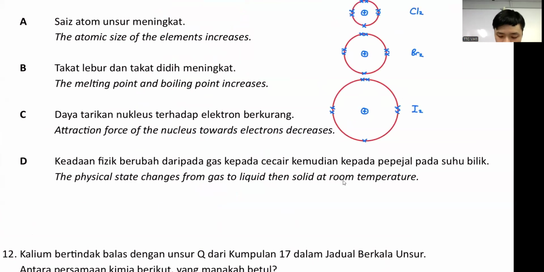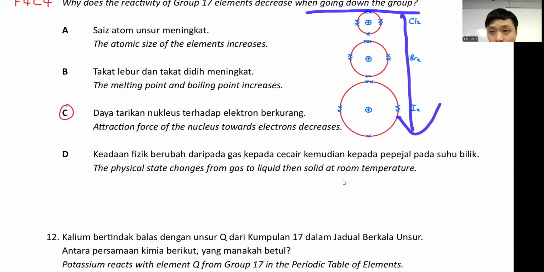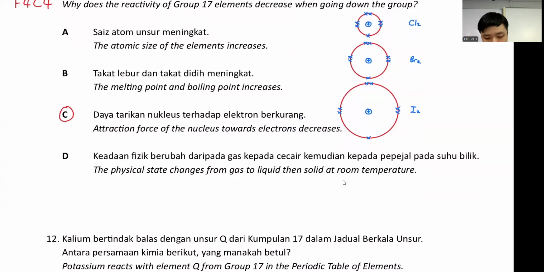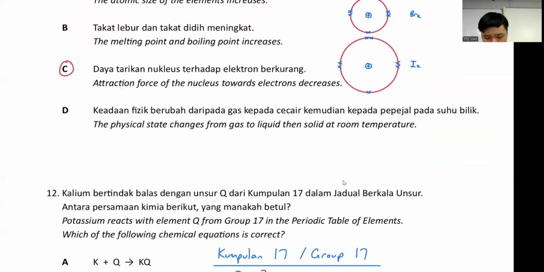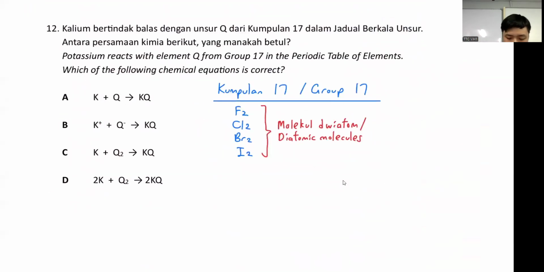Okay, so the answer is C. Going down the group, menuruni kumpulan, the attraction force of the nucleus towards electron decreases. C, electron 能力越来越差，来的.